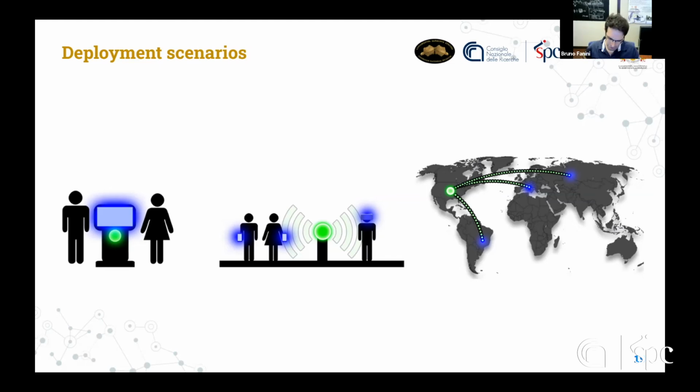Then, as we grow, we have a middle scenario where you have users coming nearby some hotspot, for instance, and they can access together the 3D content or the web application experience. Or we can grow to the worldwide scenario where you have content and also the application that can be physically very, very far away from you.